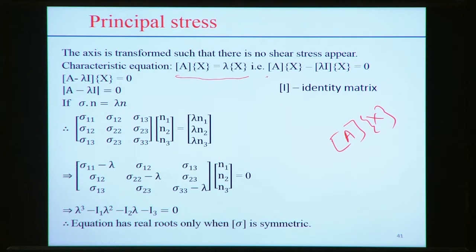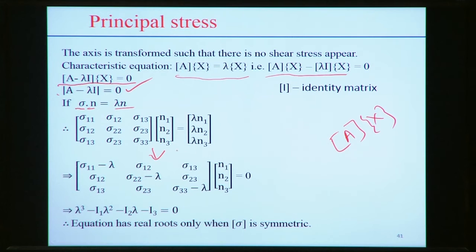Further rearranging this equation, we get this equation. There must exist some principal stresses when the determinant of this term is equal to 0. In other words, if sigma is the stress state and n is the variable here, we can find the characteristic equation equal to 0.